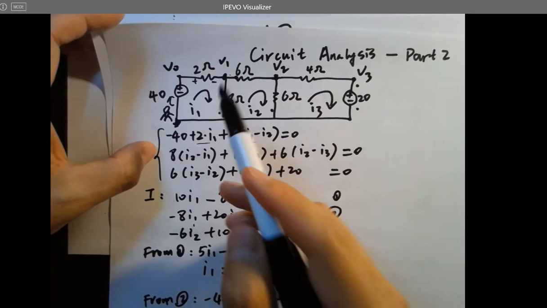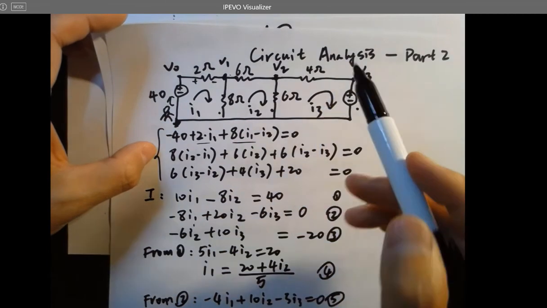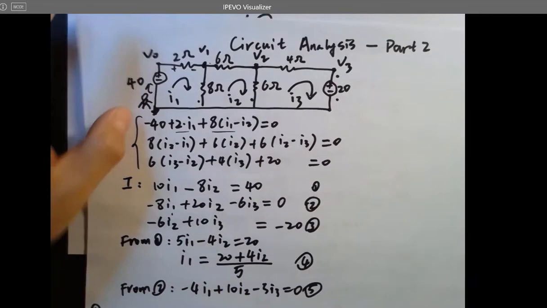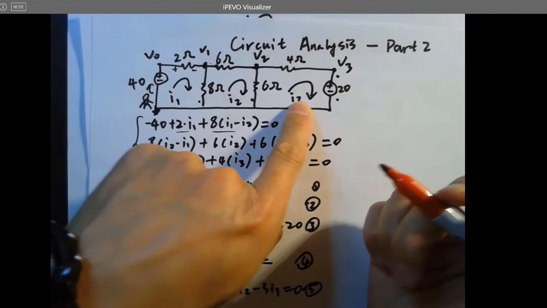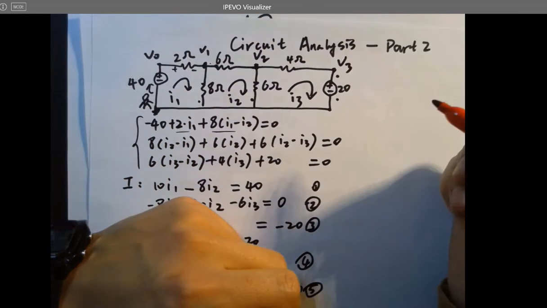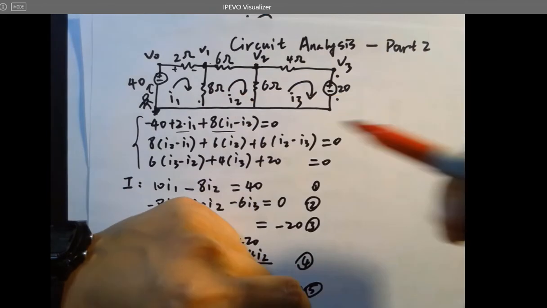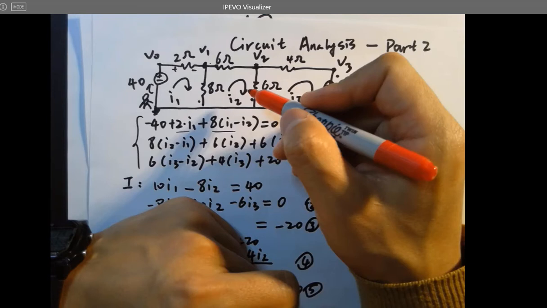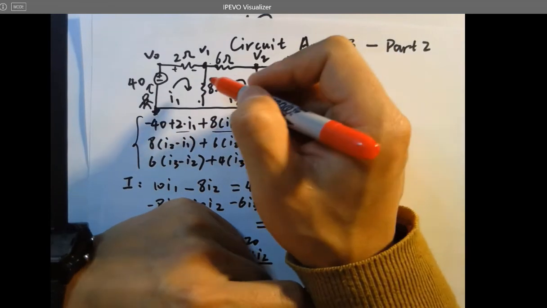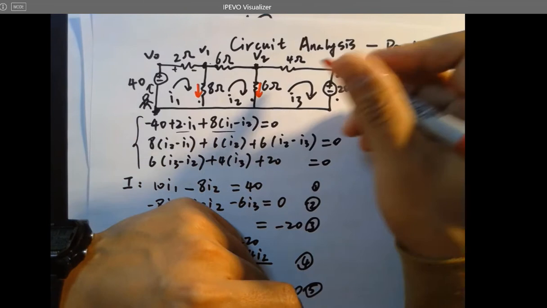But keep in mind, the mesh currents are not the currents flowing through every resistor. So I already defined I1, I2, I3, and if I am asking you to solve the circuit, you need to know that you are not done yet, right? Since you just know the mesh currents, but they are not the physical currents flowing through these resistors.